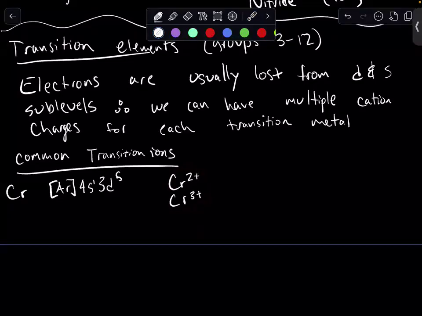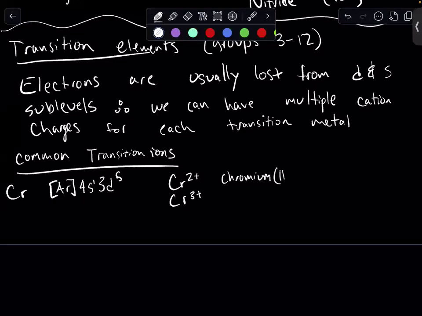So with transition metals, we do have to learn a different way. We call this chromium(II), and that's Roman numeral, and we call this chromium(III) ion. So you can still add ion. Granted, the minute you put a Roman numeral, any scientist will understand you're talking about the ionic form of it. So we have to use Roman numerals to dictate which ion we're referring to.